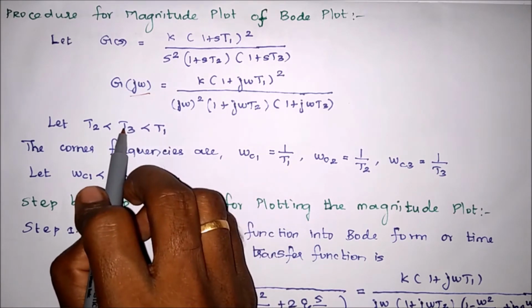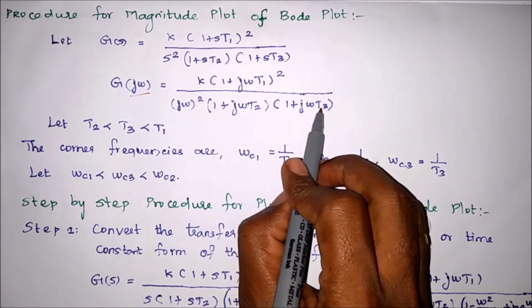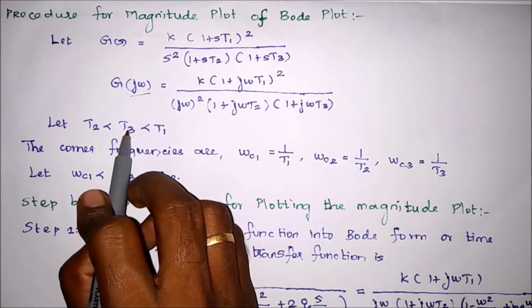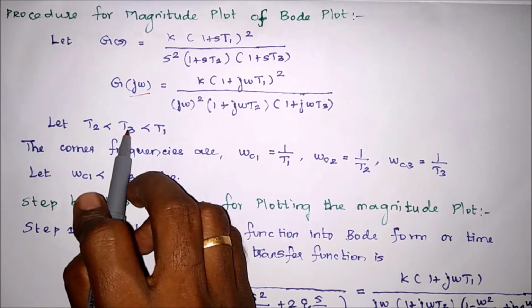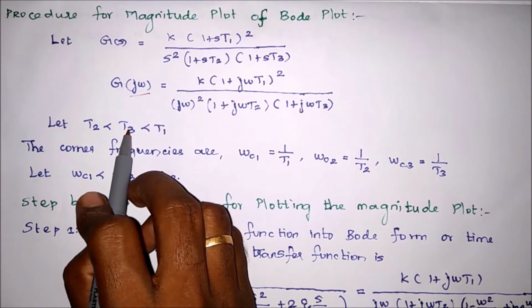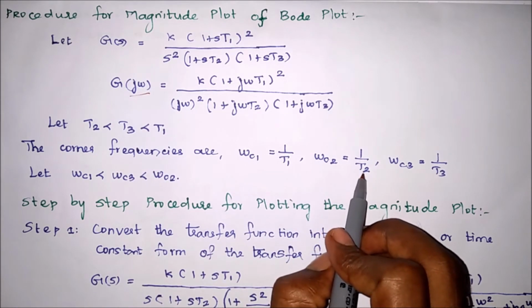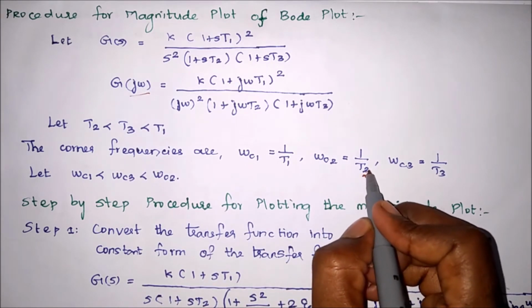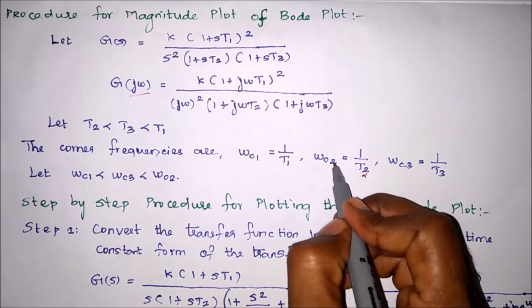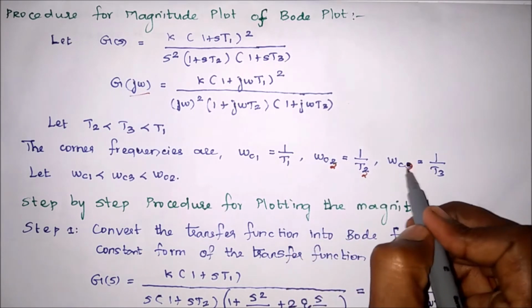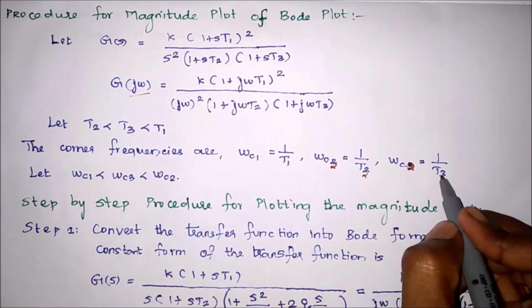Next, the T3 coefficient: if T3 is the middle one, it is the next corner frequency, ωc3 = 1/T3. Then ωc2 = 1/T2.